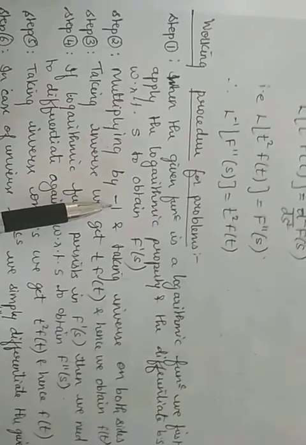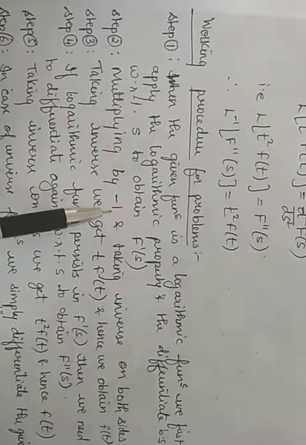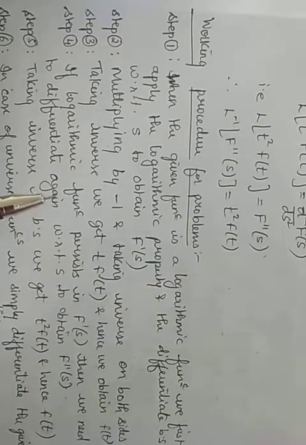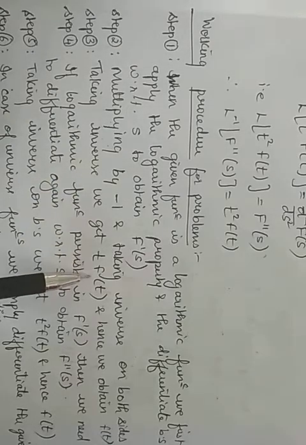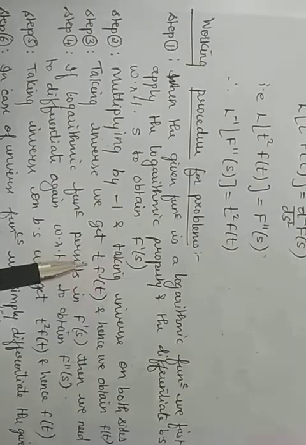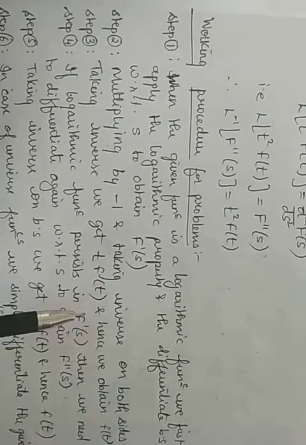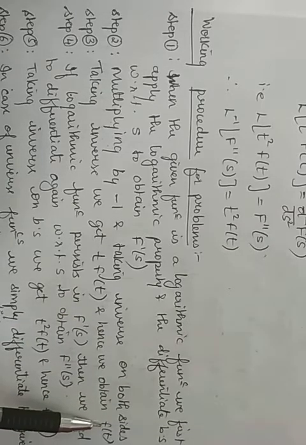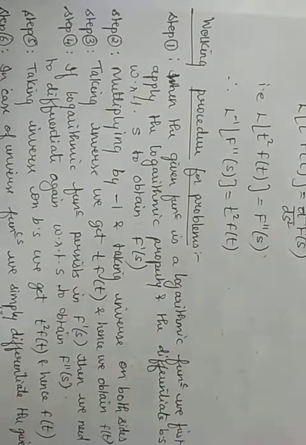After multiplying by minus 1, I'll simplify the terms and then take the inverse Laplace transform on both sides. Once we take the inverse operator, we will get t into f of t, and this t will be shifted to the denominator of the other side. From that we'll obtain f of t. That will be the solution for the given function.